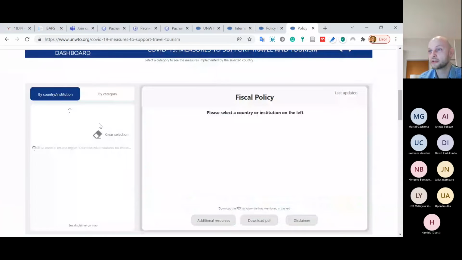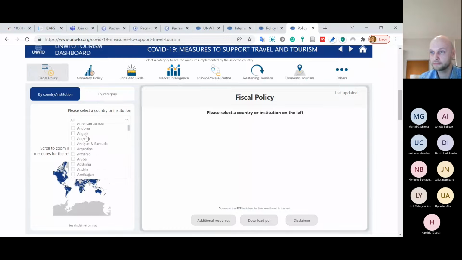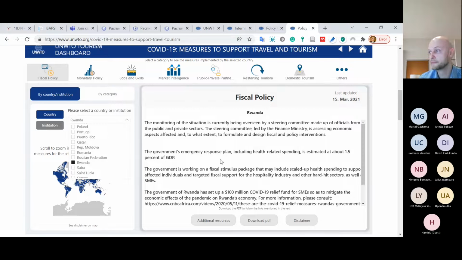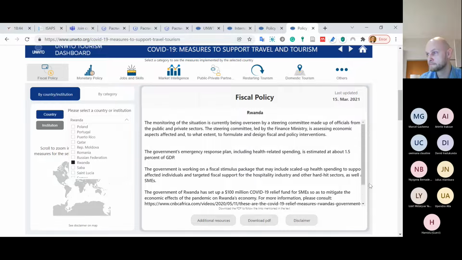So let's choose another country like Rwanda. Aspects affected: fiscal policy, the government response plan.